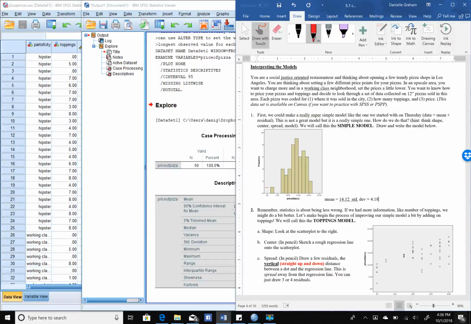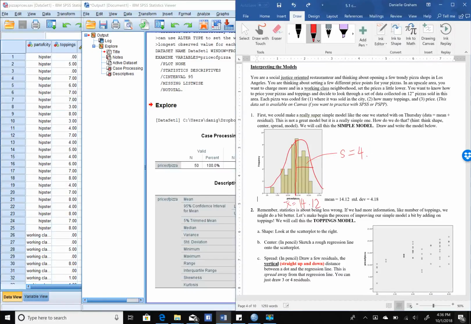We could do, here's the shape. Let's see, 14.12 is around here, so right through here. My shape's a little off, good enough. This is our mean equals 14.12. And then I could show my standard deviation. Let me just show this here equals 4.18.